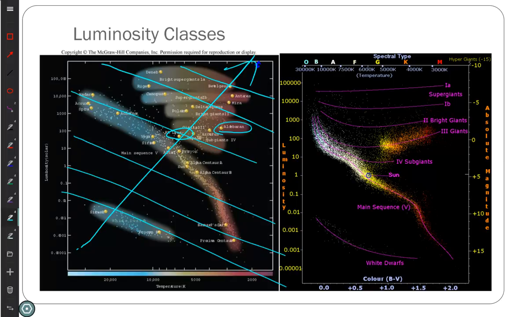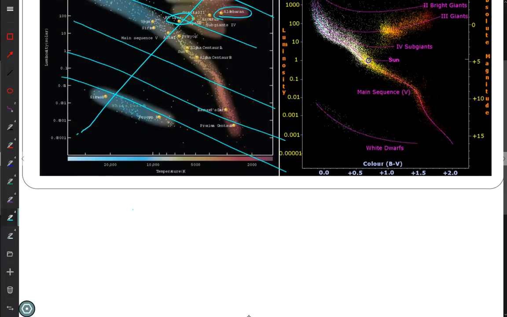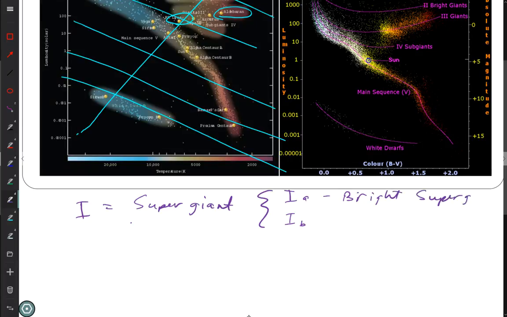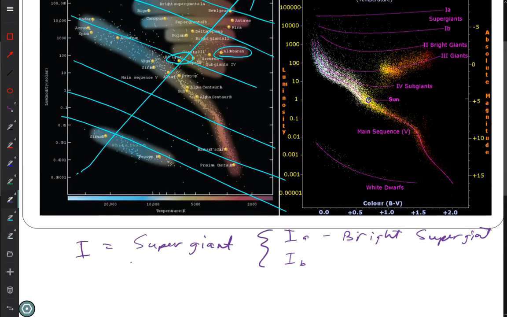The names have symbols given to them, and these are called luminosity classes. So Roman numeral 1 is supergiant. That's a bad color. And it's broken up into two types, 1A and 1B. 1A is bright supergiants. And 1B is just your regular old supergiant.